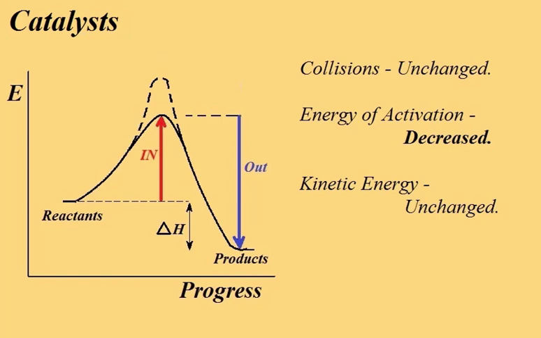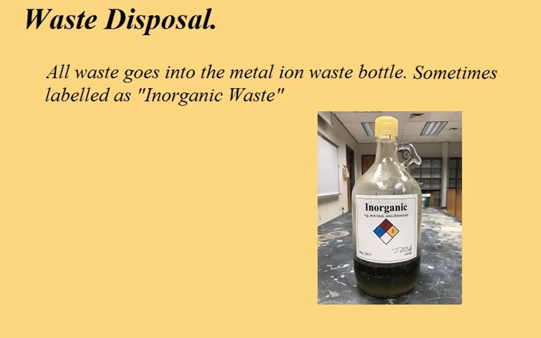We increase the rate of the reaction with the addition of a catalyst by decreasing the energy of activation. Remember, the catalyst itself is not changed by the reaction and so can be used for other chemical reactants to further the reaction. So we only need a small amount of the catalyst.